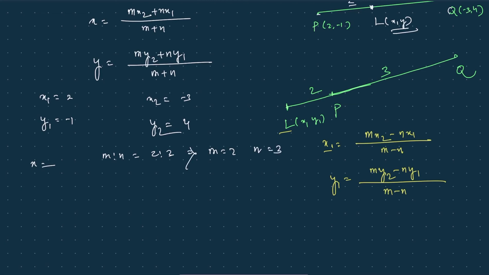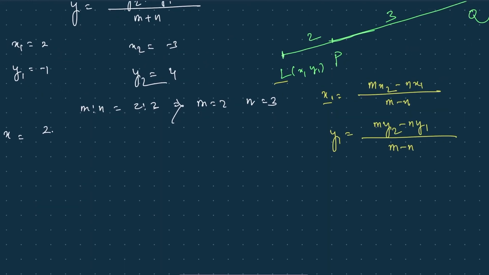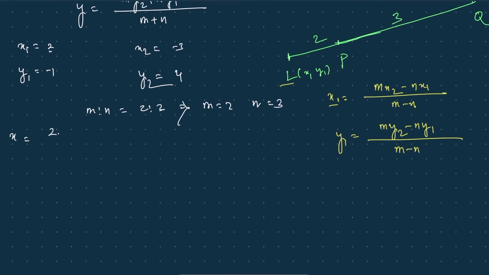Now what is this x? This x will be equal to m, that is 2, into x1. What is x1? x1 is equal to 2. So 2 into 2 plus, what is n? No, I have gone wrong. Okay, mx2.